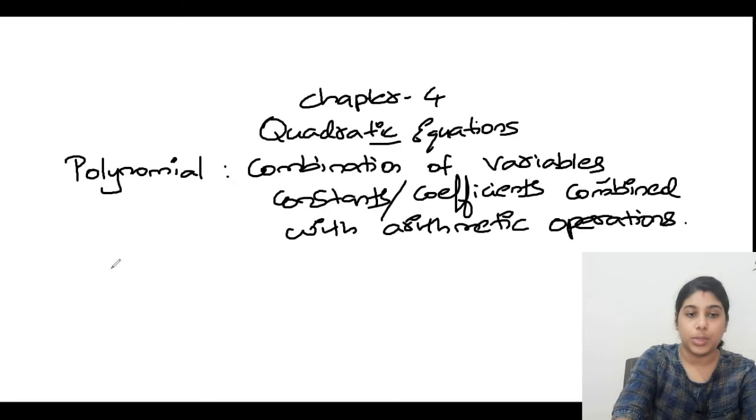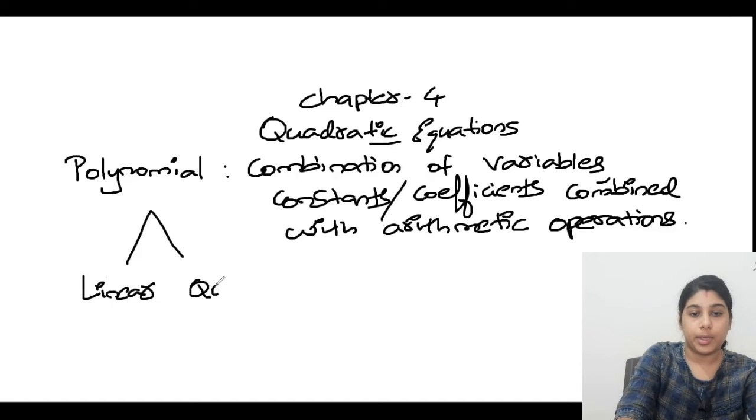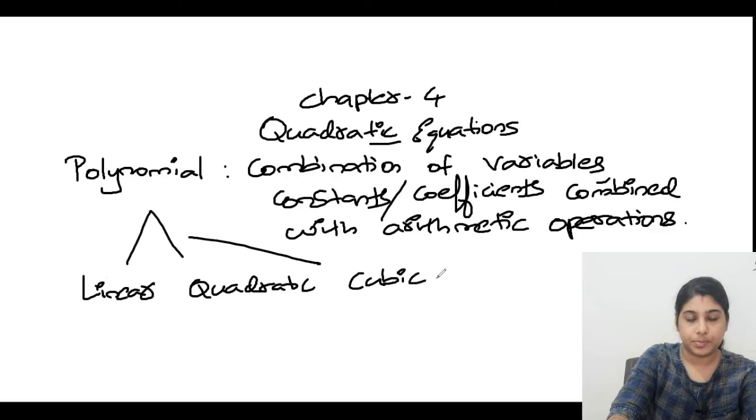It can be divided into different types: linear polynomial, quadratic polynomial, then cubic polynomial, etc. So linear polynomial means what? Based on the variable only it is coming different.